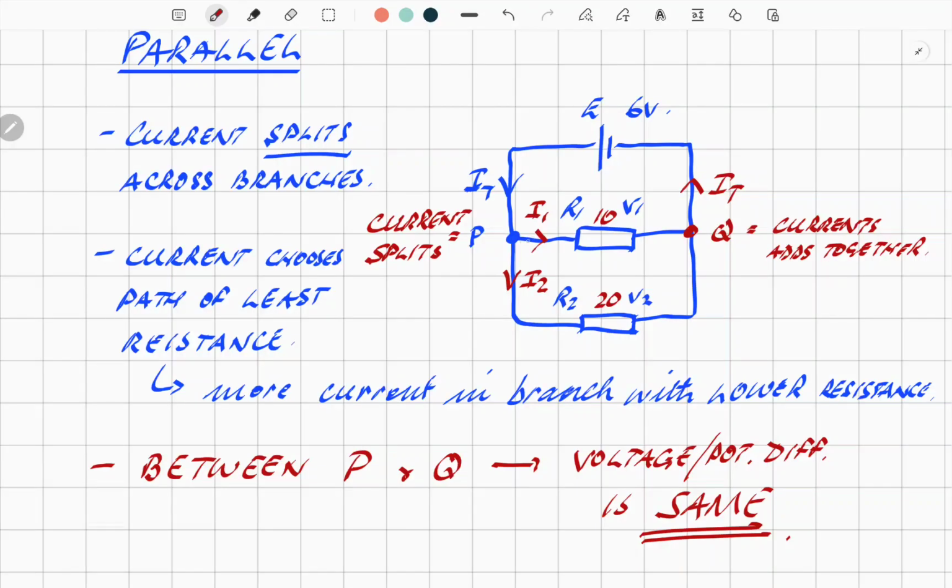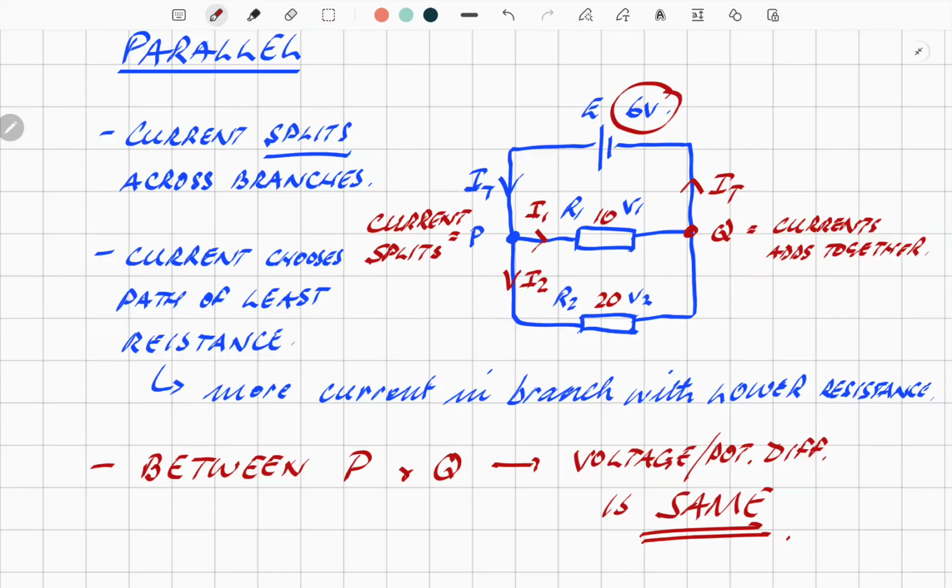So if you look at P and Q there, whether I go from P to Q through resistor 1, or I go around resistor 2, the voltage between those two points, P and Q, will remain the same. And that includes this.